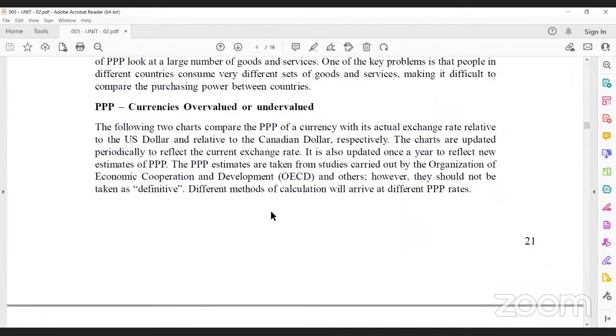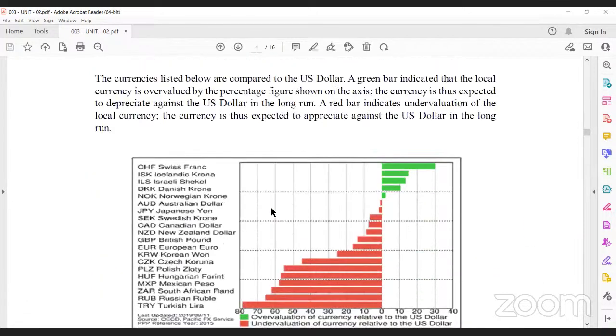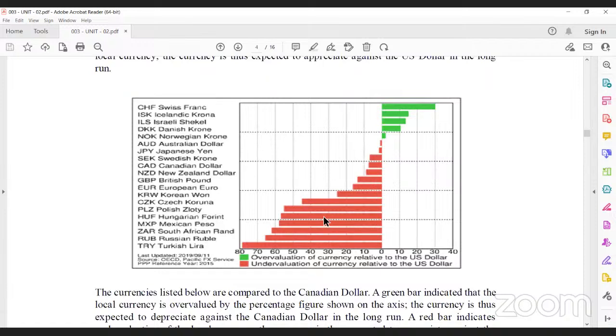PPP: is a currency overvalued or undervalued? Yes, the two charts compare here. Now we have two charts which enable us to compare and see the exchange rate relative to the US dollar and relative to the Canadian dollar. In this one, the red area is undervaluation of the currency relative to the US dollar, and the green is the area which shows overvaluation.